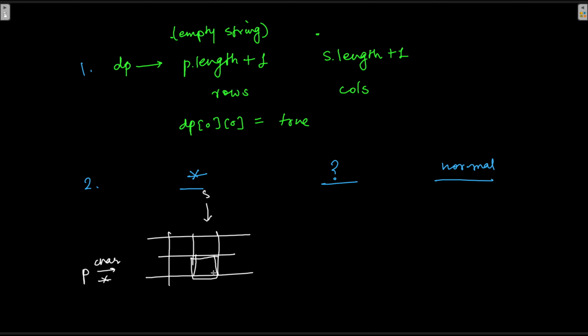So because that is the case, we go in this cell and then we go to this cell and we take an OR product of them. So that means we go to i minus 1, j, or we go to i, j minus 1, and we do an OR between them. Let's say that we are in the very first column itself. So just to take a default value, we'll take a false. We'll take an OR with false as well. So that is the case of asterisk.